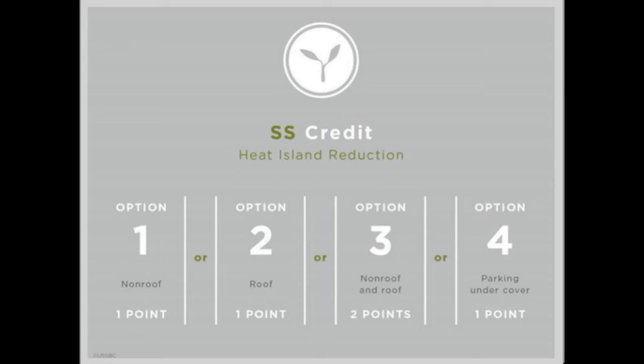Option 3 is for projects with compliant roofs and at-grade non-roof systems but no covered parking. And Option 4 is for projects with only covered or underground parking. Projects should incorporate strategies for each option to meet establishment requirements and implement a maintenance program to meet the performance requirements.